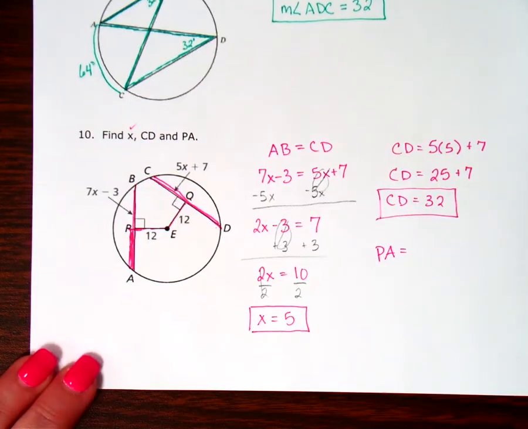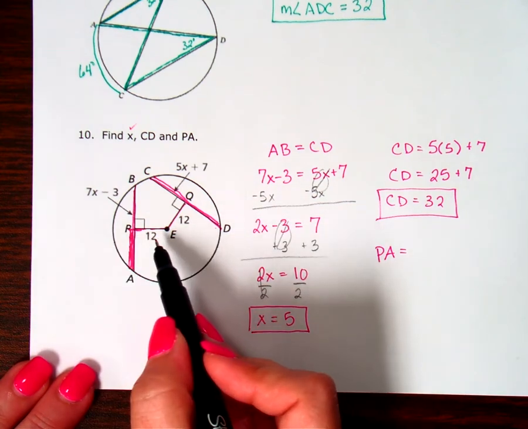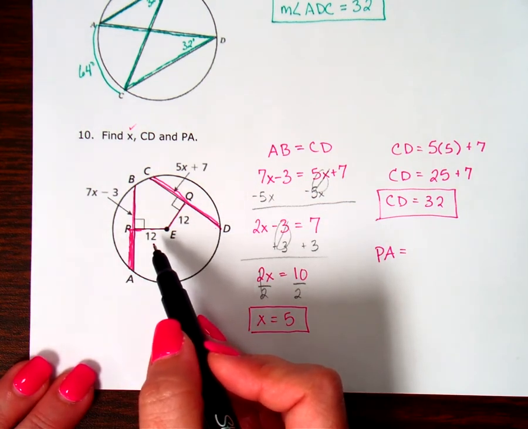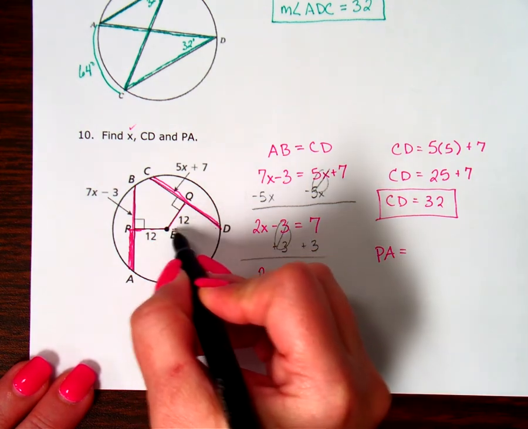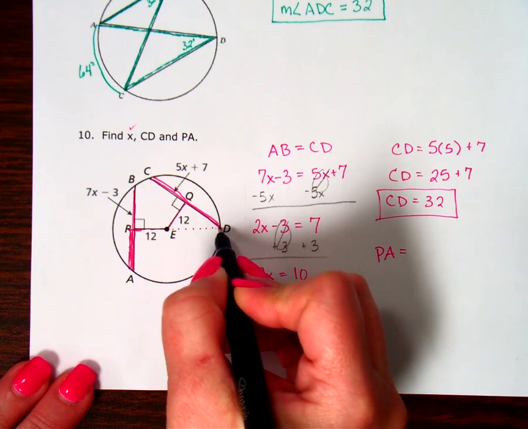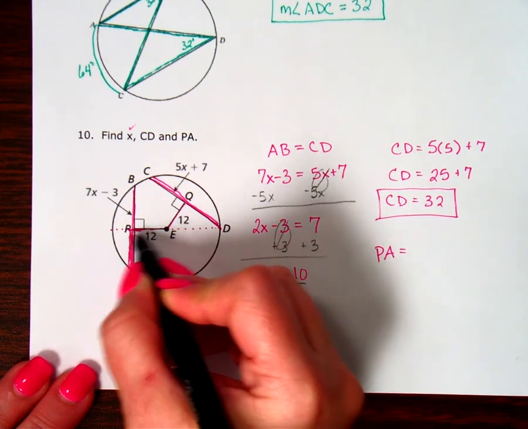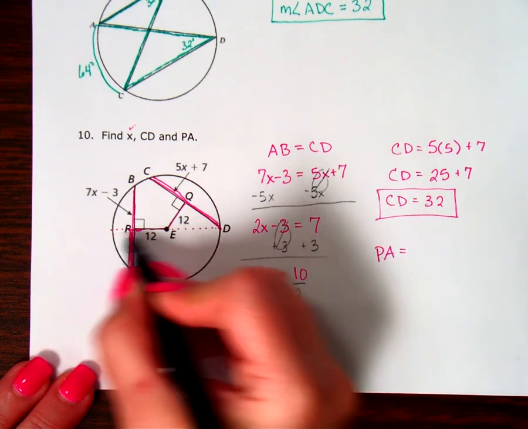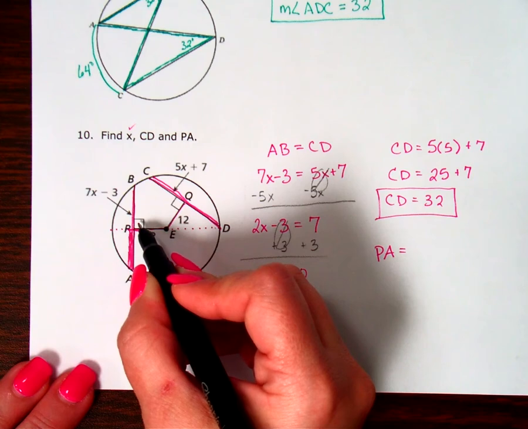So PA, we had a theorem, a property, that said if you have a diameter that perpendicularly intersects a chord, it divides that chord and the arc in half. Now I don't see any diameters, but I could think of this as part of a diameter, right? If I were to extend EP here, it would include a diameter, and it is hitting it at a 90-degree angle.